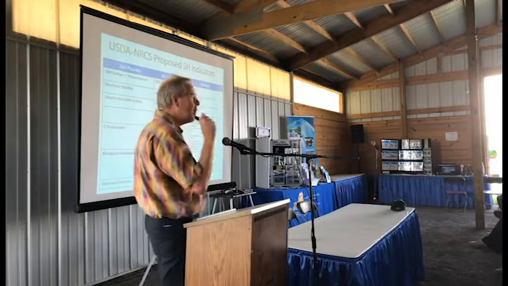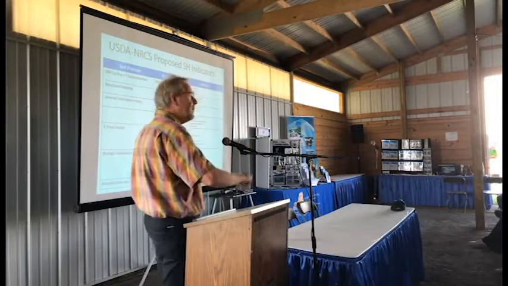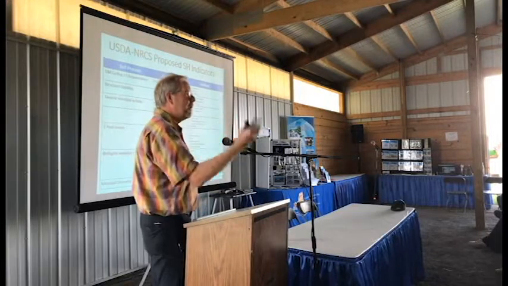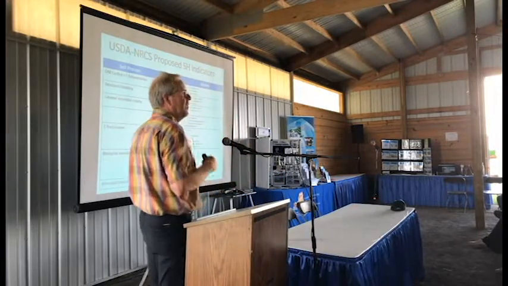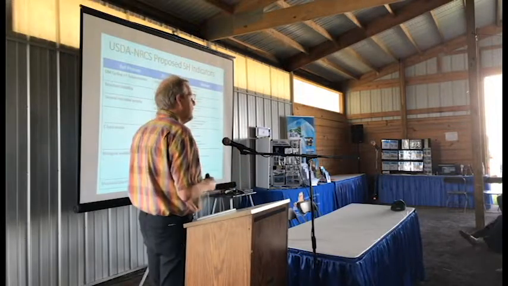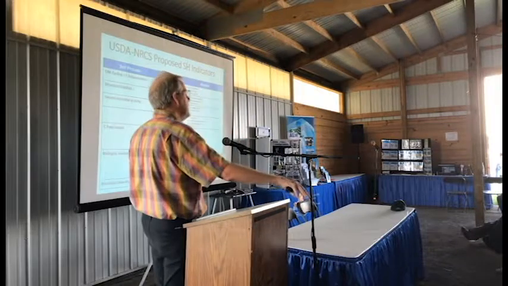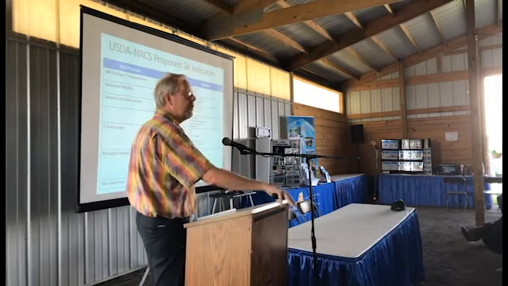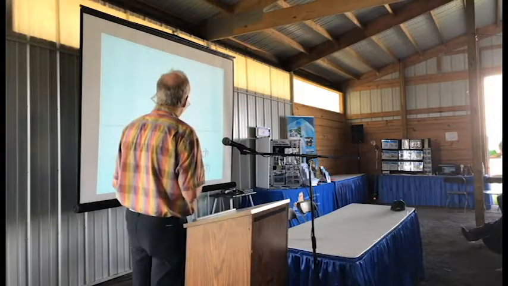But it's targeted towards what is the problem. If your protein level is low, probably you need to bring a legume into your system, okay? Because legumes have more protein. If you have a compaction problem, maybe you need to think about an aggressive rooting system of a cover crop. Things like that, okay? So we can target things quite well.